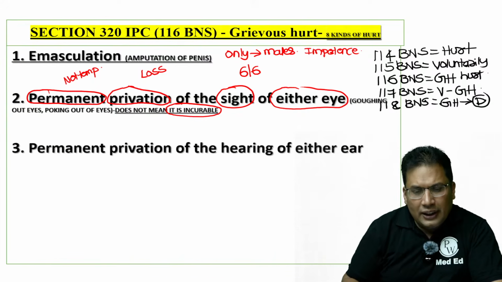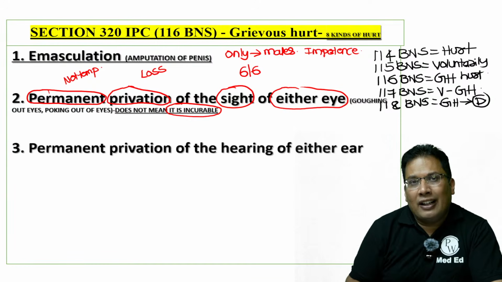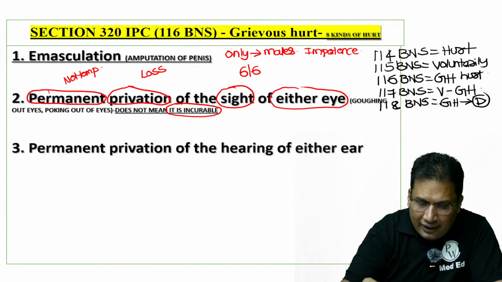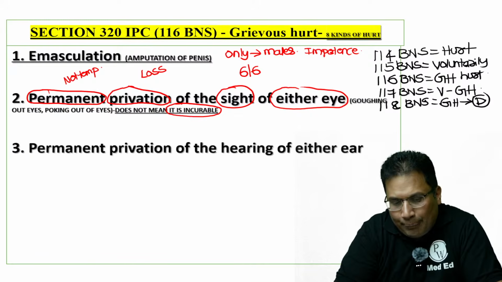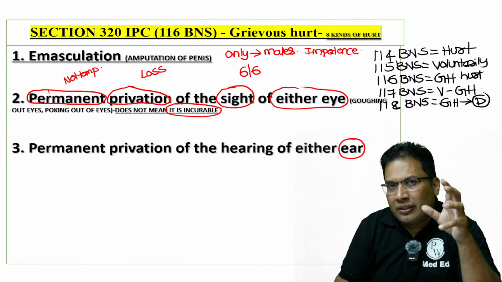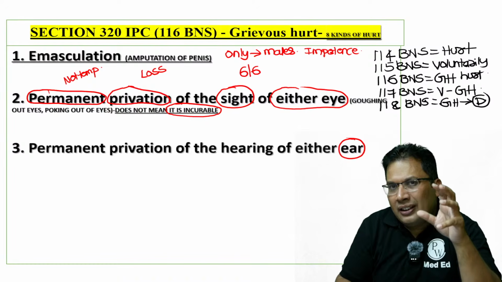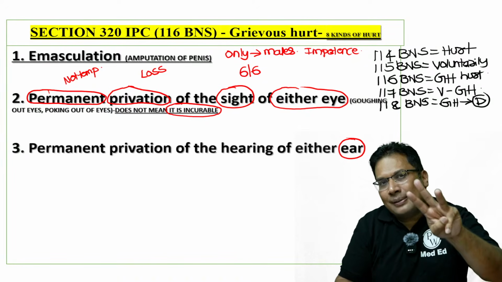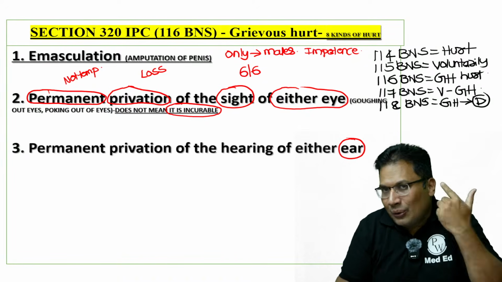The clause number 3, permanent privation of hearing of either ear. Again the same meaning: permanent, that is not temporary; privation, that is the loss; either ear, right or left ear. As you know, the ear consists of 3 parts, that is outer ear, middle ear, inner ear. So the third clause is related to the ear.